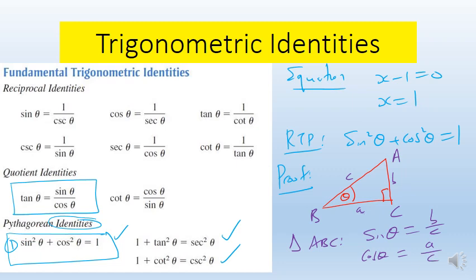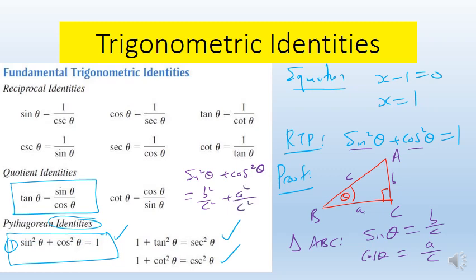Now, what does it mean? We've got to square this because we're going to prove sine squared plus cos squared equals 1. So let's take sine squared theta plus cos squared theta. What is that equal to? It's b squared over c squared plus a squared over c squared.